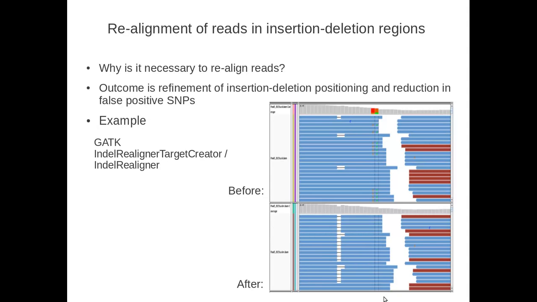This pair of adjacent SNPs goes away when you simply shift the alignment one or two base pairs. This is the problem that realignment around insertion deletion polymorphisms is meant to deal with, because these are false positive SNPs, which are now gone.